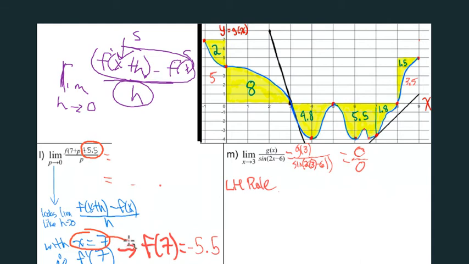then what is f at 7? Okay, f at 7, so let's think about that for a second. There's 7 right there, and it's the area from, so we'd have to do the integral from 5 to 7 of g, and that would equal f at 7. Oh, well, if I go from there to there, it's negative 5.5.